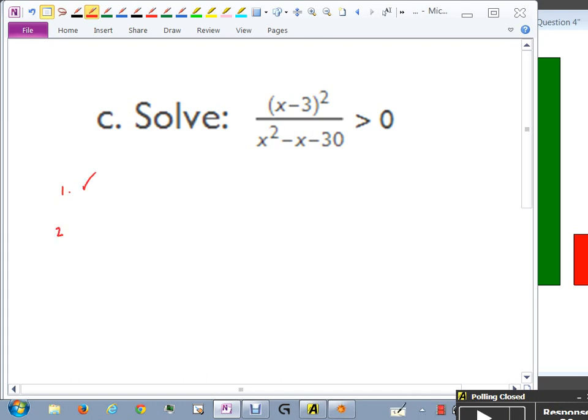Okay, step 2. What about the x-intercepts? 3, that's it, right? It's the only one. It's a repeated factor. What about the bottom? You'd have to factor this. x minus 6, x plus 5. So 6 and negative 5.